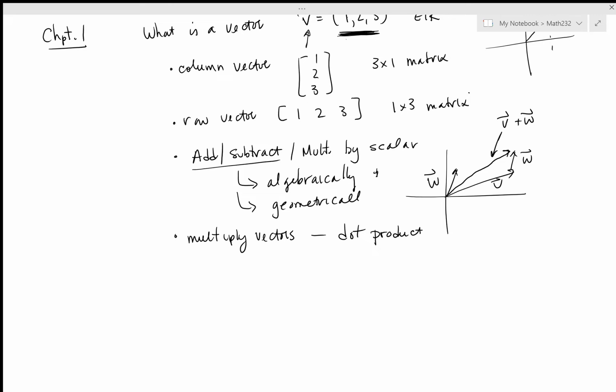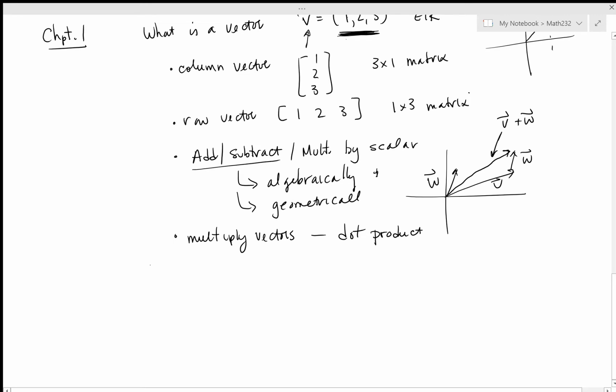But there's two ways of multiplying vectors. We've only learned one of them. We learned the dot product. It's one type of vector multiplication.